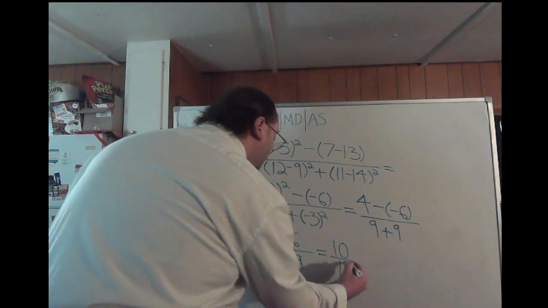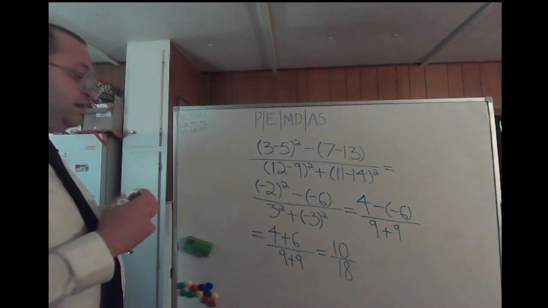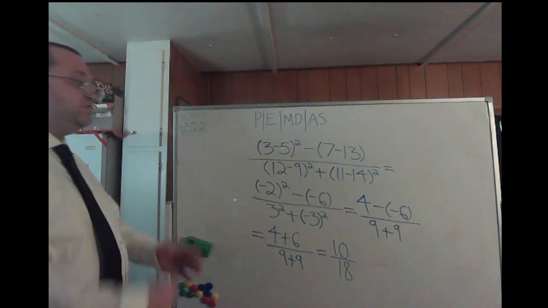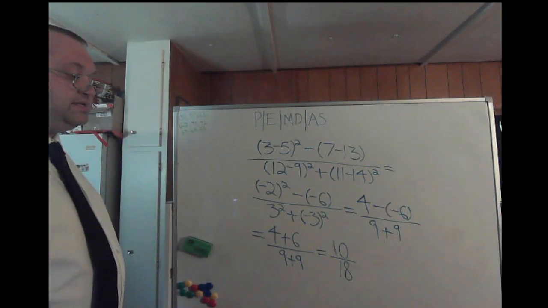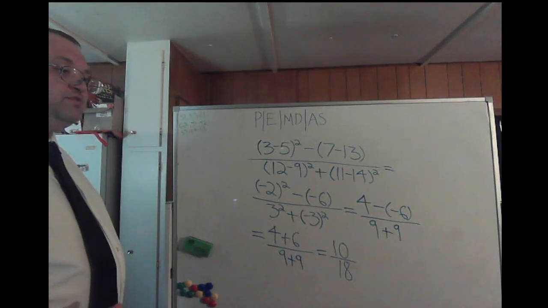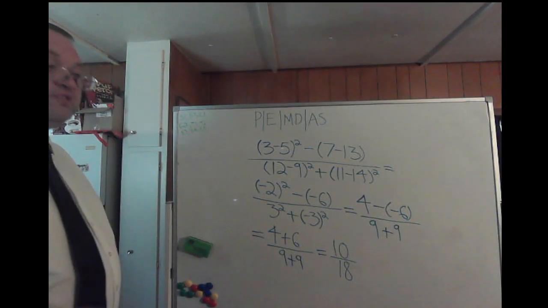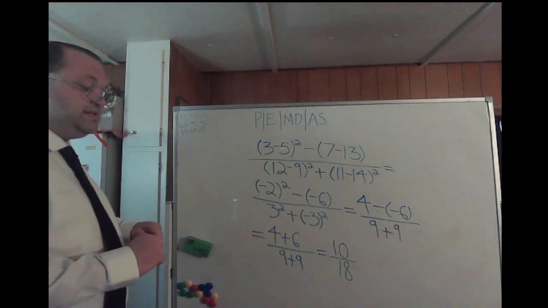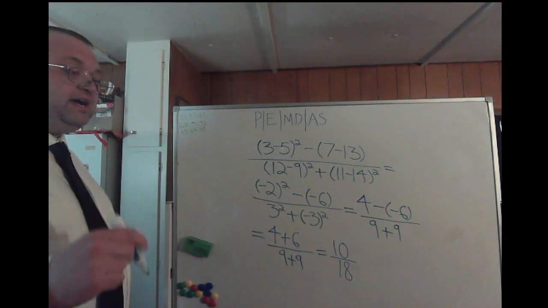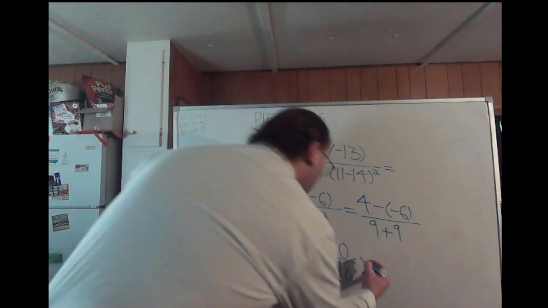It would look like we're done, but we need to simplify the fraction 10/18. We're not done yet. Do they have any factors in common that will divide out? It turns out they have a common 2. 10/18, both numerator and denominator have a common 2.